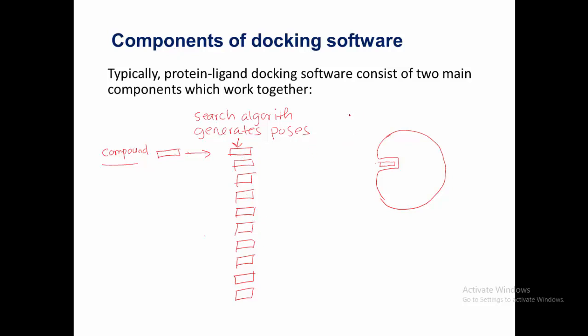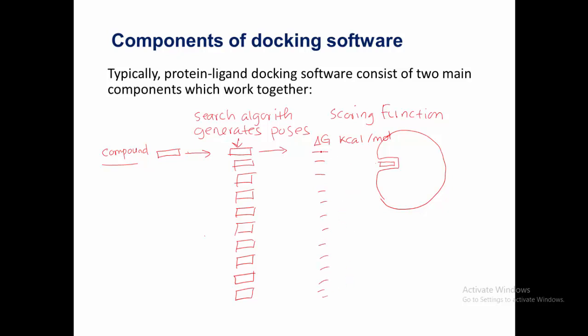Then the role of the scoring function is to calculate the binding energy of each compound. Here it will calculate delta G, or binding energy, in kilocalorie per mole for each pose, so this will have binding energy, binding energy, binding energy, and so on.